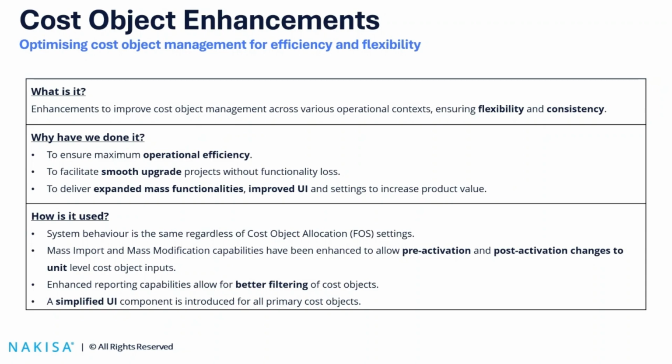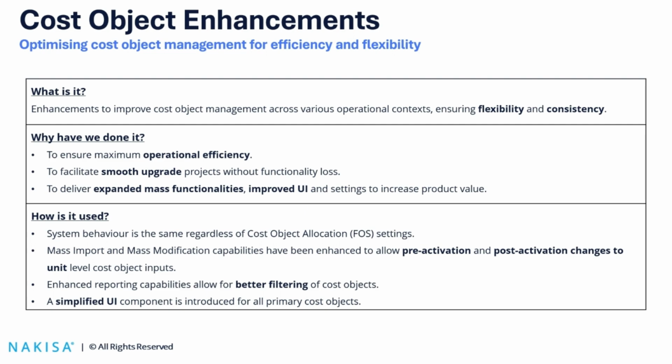Regardless of the FOSS setting configurations that are done for the cost center allocation, now you have a greater flexibility in defining, modifying, and allocating the cost objects, the cost centers, and WBS.